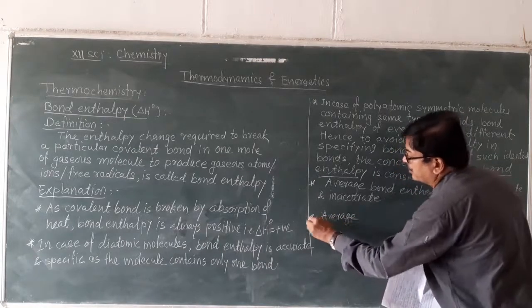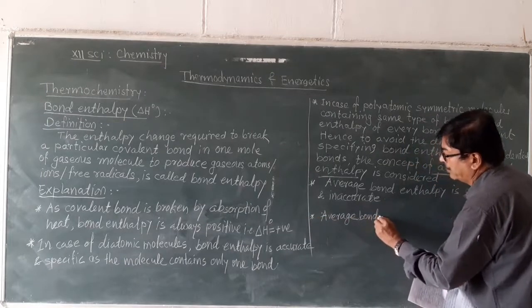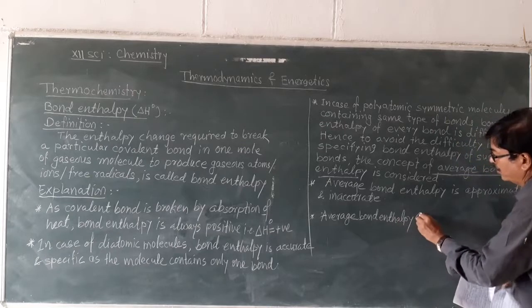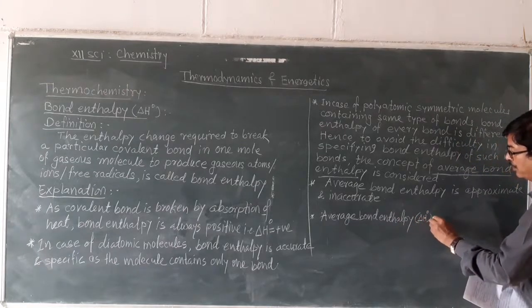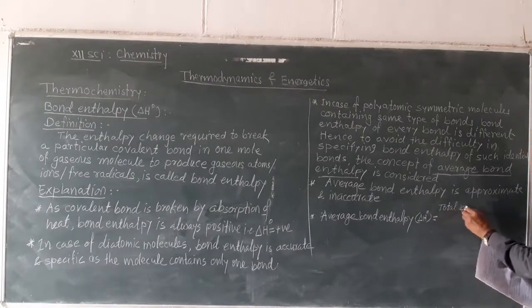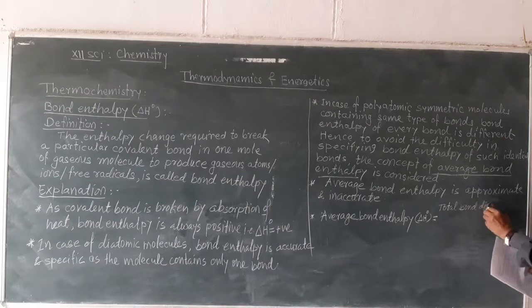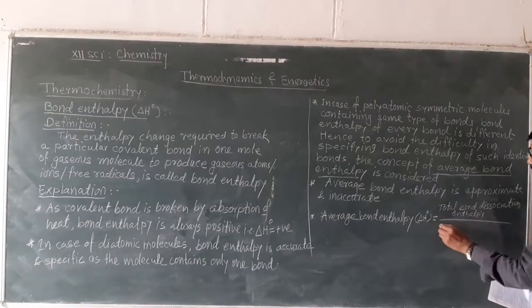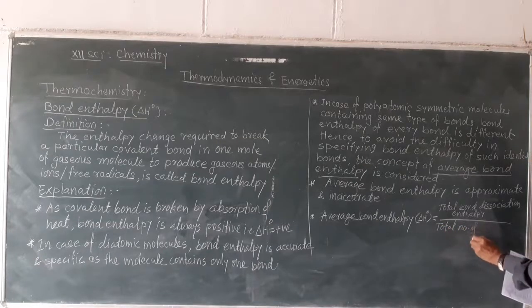Average bond enthalpy, delta H naught, is the total bond dissociation enthalpy divided by total number of bonds broken.